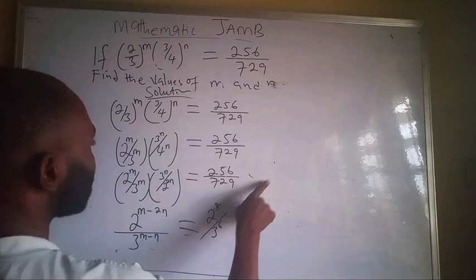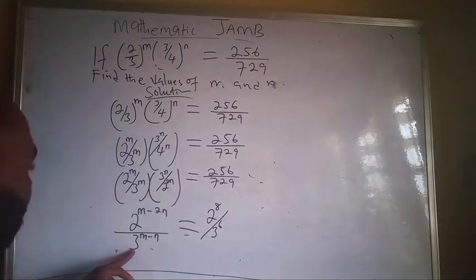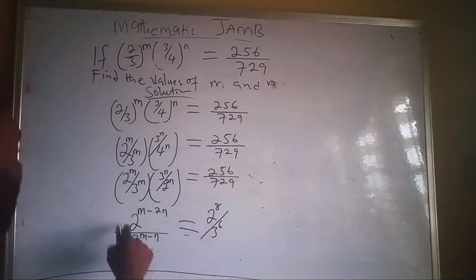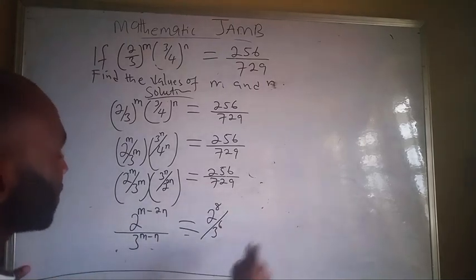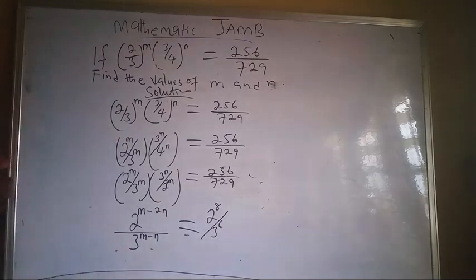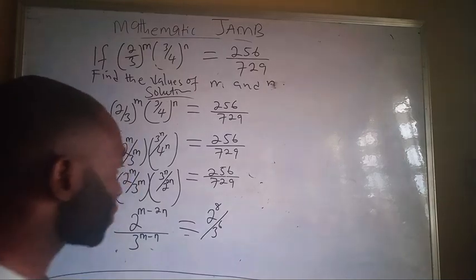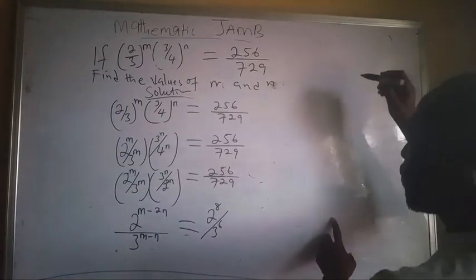So with this, we know that here the base is 3, here the base is 3, here the base is 2, here the base is 2. So when the bases are the same, equate numerators and equate denominators. We are going to have 2 equations, so that will lead you to simultaneous equations.